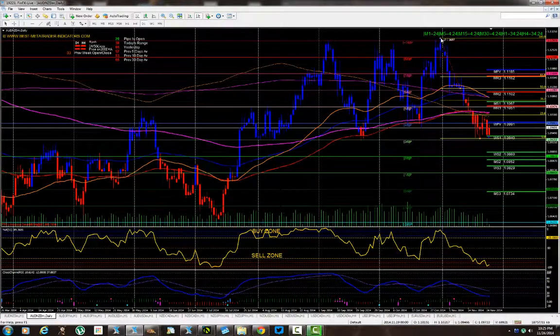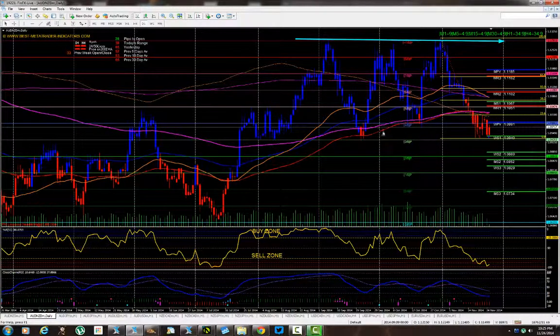So if we take this to the daily, you can see where we haven't pulled back much at all from the last daily move. Potentially we can also trade this as a range.